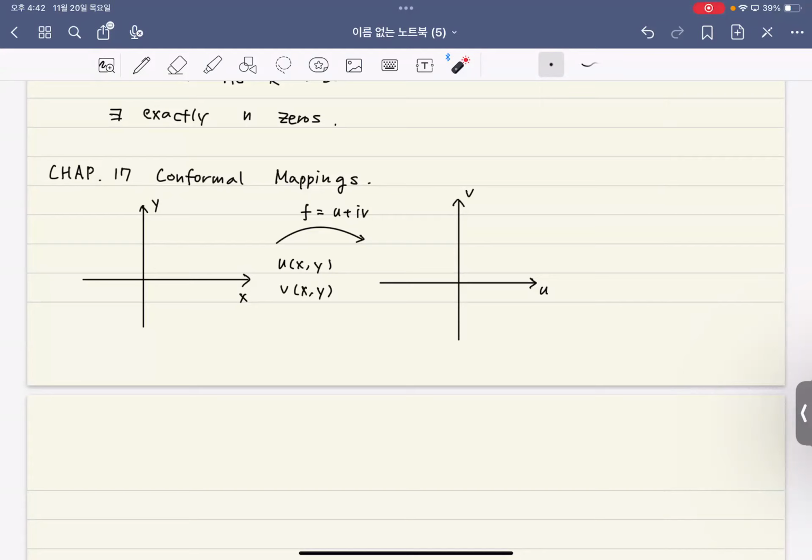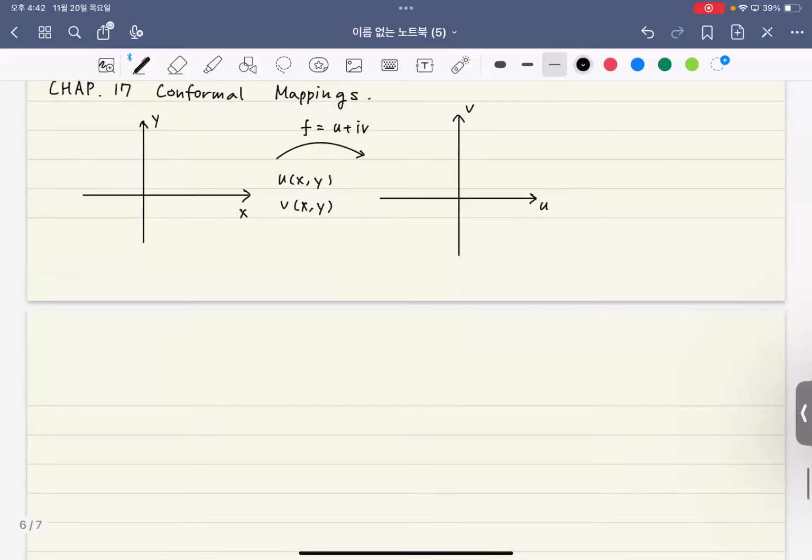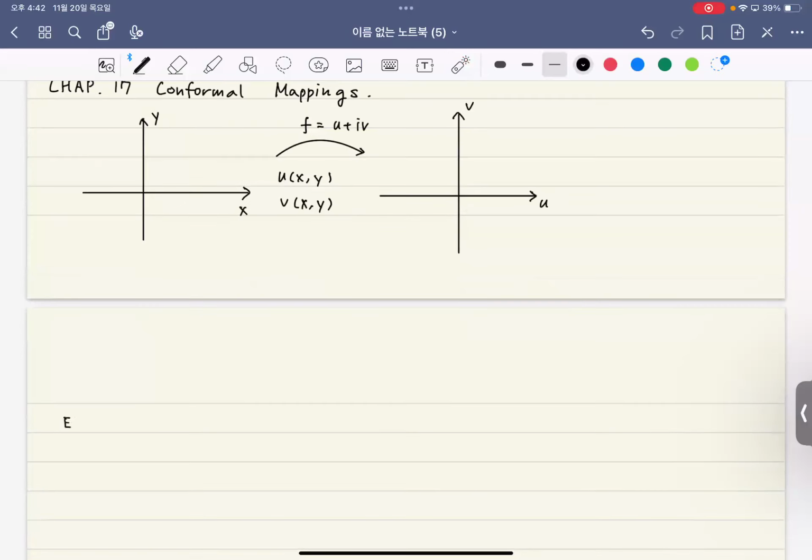So for instance, can you visualize this? What is this? Considering this as a transformation from R2 to R2, what does it do? You can consider this a composition of multiplying by a and adding b.